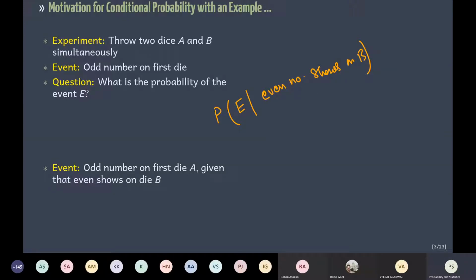Here some additional information is given to you on B. Hence the probability will change, because now all those cases where you had, let us say, 1 1 or 1 5, which were odd on the second die, will be ruled out. So the set for the event changes now, given that someone has given you some condition on what number you can expect from die B.